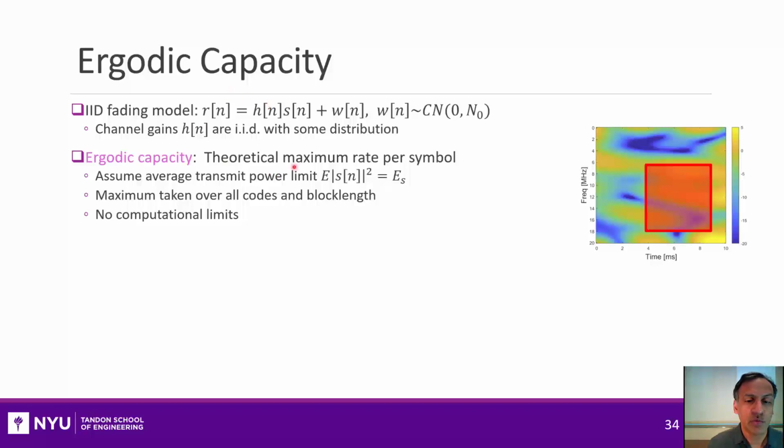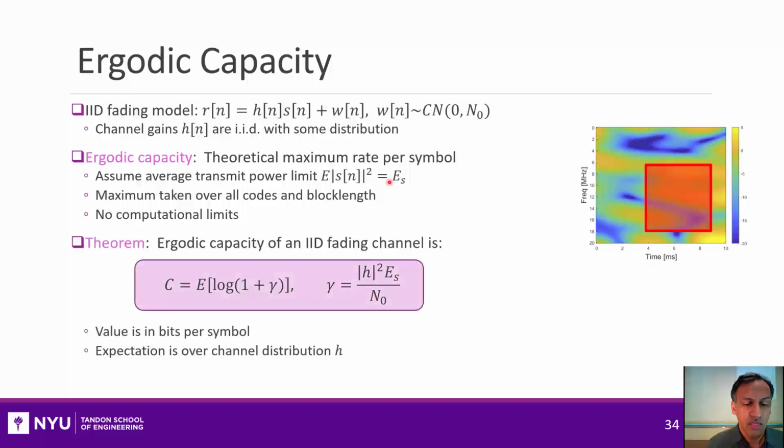And I'm just going to assume that on average, I have some energy constraint on the symbols. And right now, I'm just going to take the maximum over all possible codes and all possible block lengths without any computational limits. So clearly, this is just a theoretical calculation, but it'll give some idea, as I'll show you, about practical systems later on.